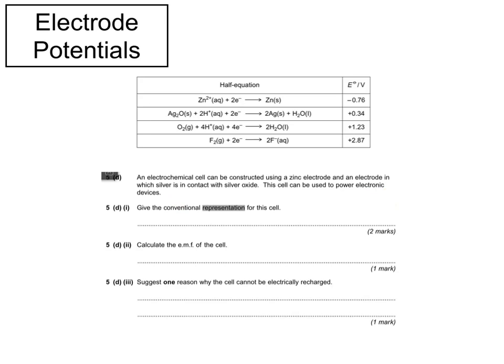So we've got the zinc electrode up here, and we've got the silver oxide electrode here. Now, it doesn't tell you what the EMF is, so it doesn't actually matter in this case which way around we draw it. So we're going to start with the top one, and it tells you there's a zinc electrode involved. So we're not going to use platinum in this case, we're going to use zinc.